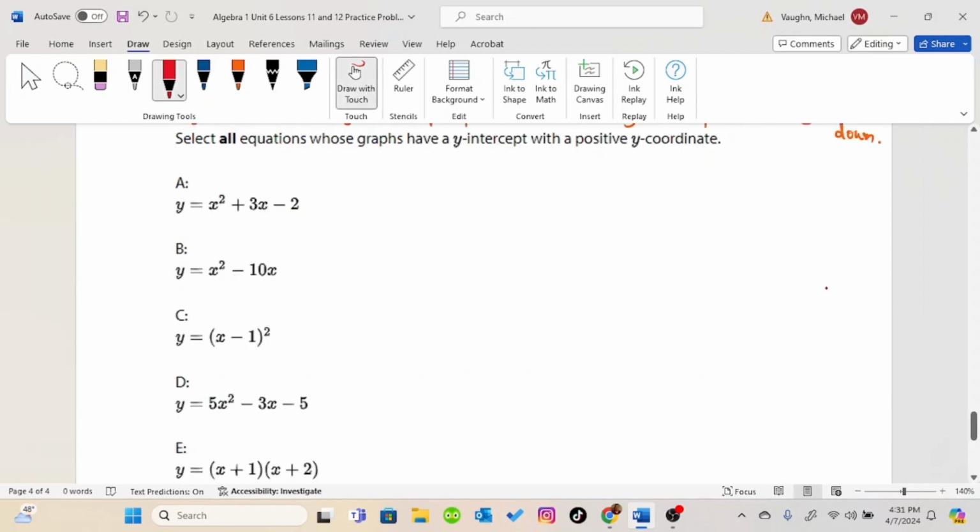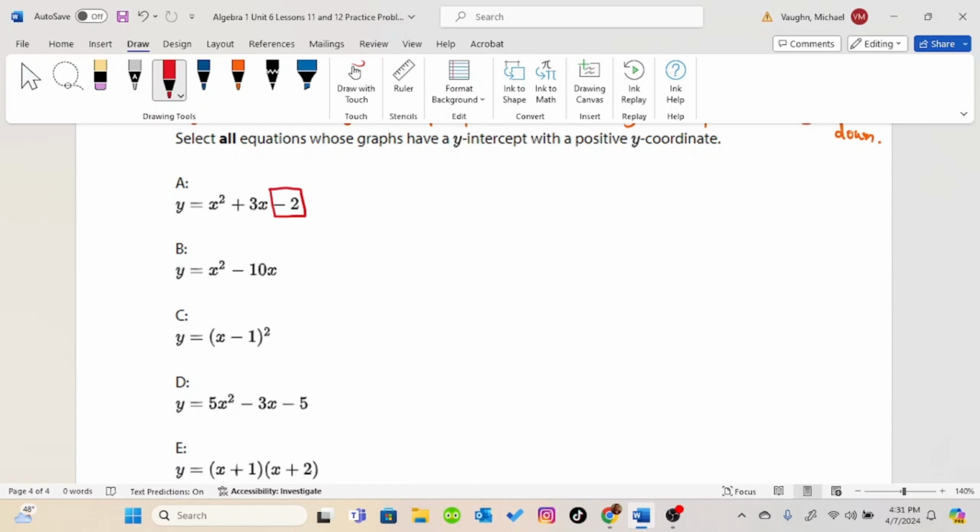Select all equations whose graphs have a y-intercept with a positive y coordinate. A is in standard form, so the number only portion is my y-intercept.